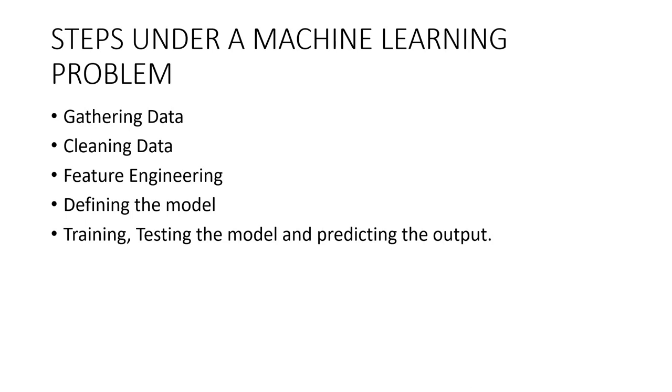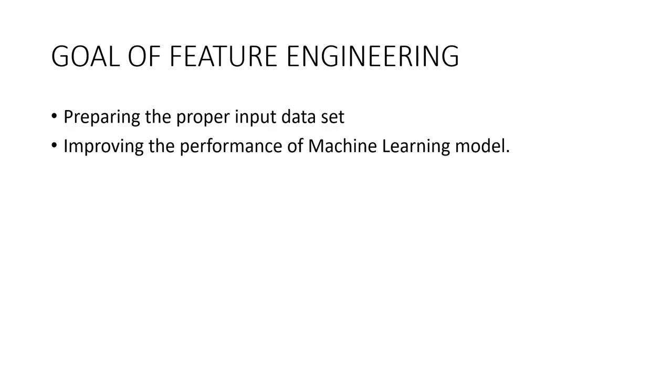These are the steps we need to follow when we address a machine learning problem. After following these steps, we come up with a machine learning model. We train it, we test it, and we deploy it on the server. That's what we usually do when we address a machine learning problem.